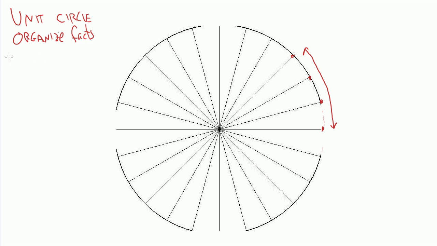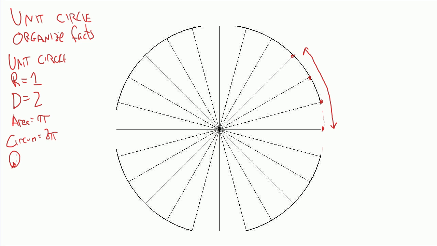First off, the unit circle is a circle where the radius equals 1, which means the diameter equals 2, which means the area equals pi. You'll see why later. And in fact, the circumference equals 2 pi, and always the full angle inside is also 2 pi.